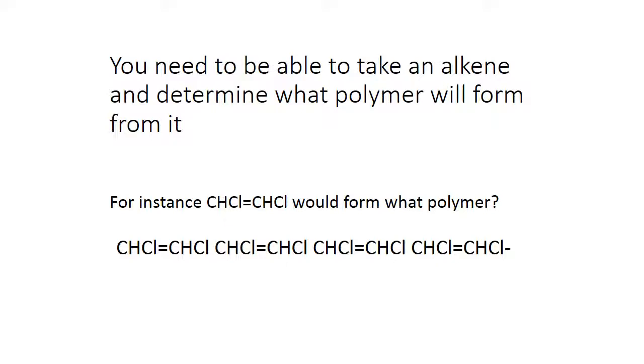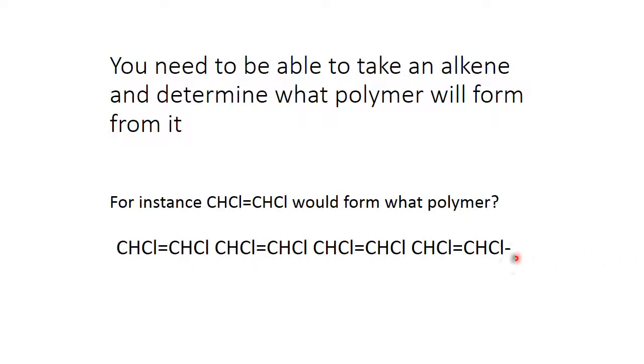And so now what you see is that we have one here, one here, one here, and one here. Now what you need to do is erase one of the double bonds from each of these, and then go ahead and put a bond connecting them.